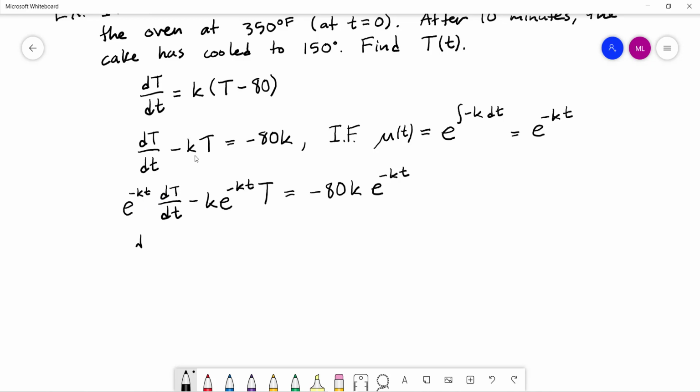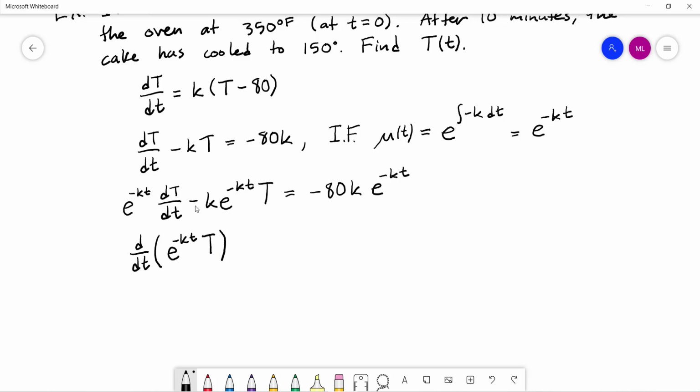If you think of this as being d/dt of, in fact, let's write it in the other order, maybe it'd be a little more clear, e to the negative kt times capital T, this is the result of taking that product rule. So when we take the derivative, you'd get the first times the derivative of the second, plus the second times the derivative of the first.